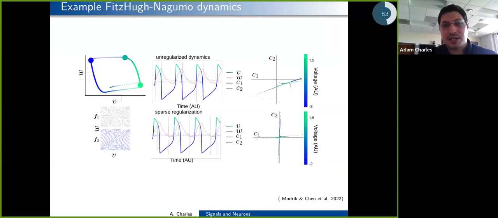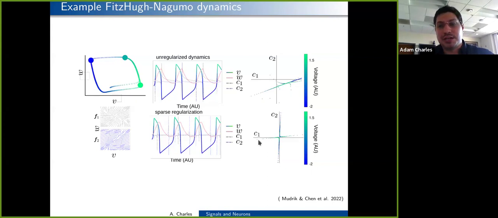We also ran this on a couple other tests. So here is a FitzHugh-Nagumo model, and what this was showing was the effect of sparsity. This is a simple model of a neuron where there's a nice depolarization stage and you can see the state space U and V and W that dictate this dynamical system model.